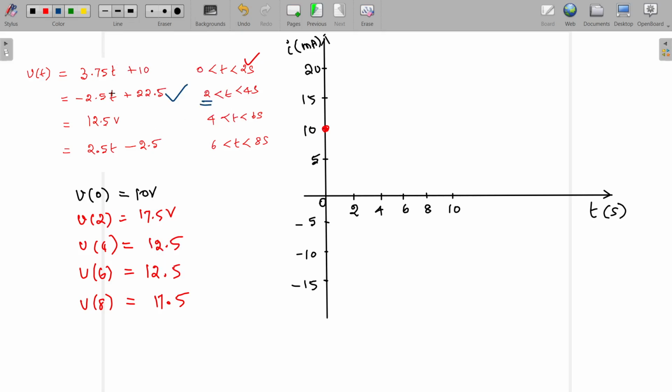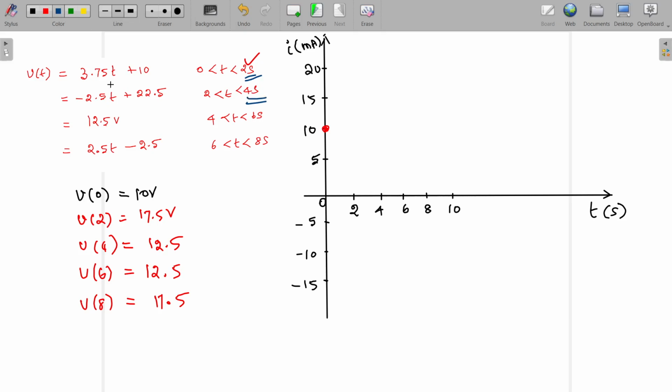Here again, if you apply 2 seconds, minus 2.5 into 2 becomes minus 5, plus 22.5, that becomes 17.5. So there is no need to calculate it again, because we have already calculated it in the previous equation. So V of 2 is anyhow 17.5.